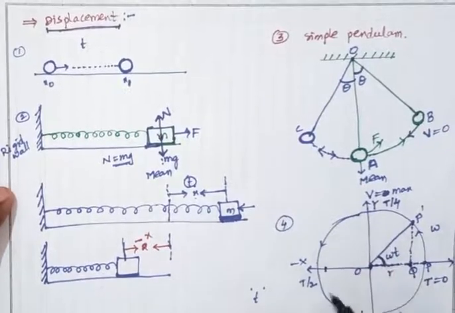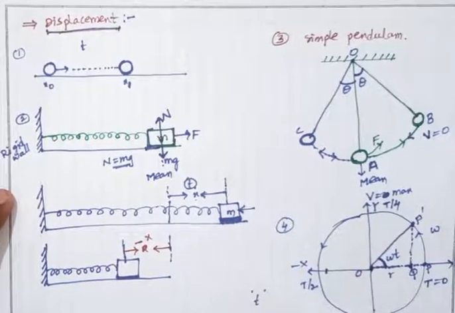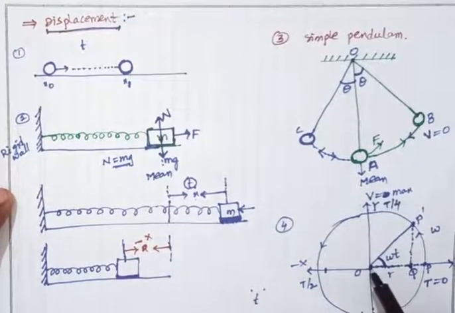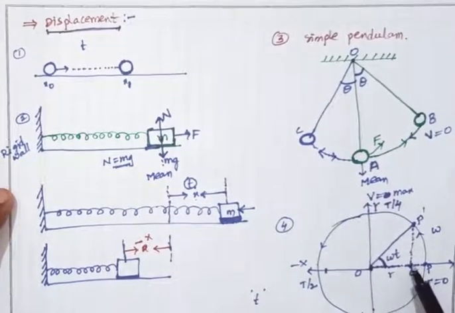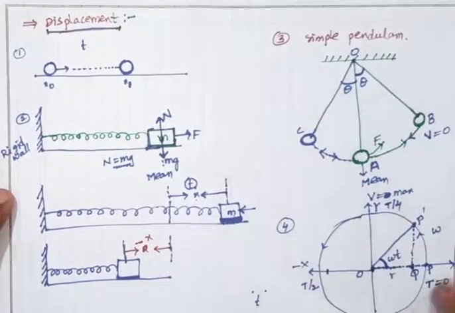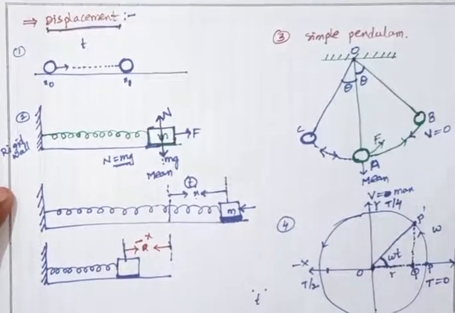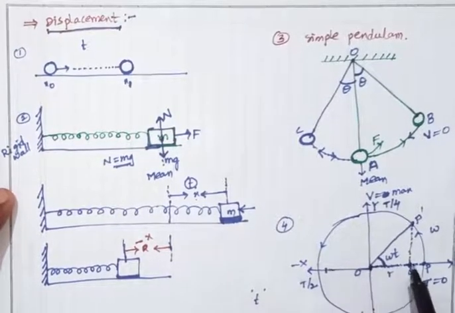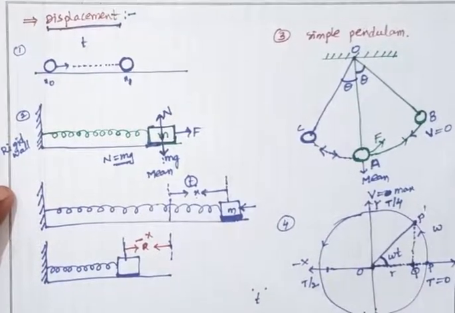Then along the negative y direction it is again 0, then positive again. So this is periodic motion and also oscillatory, to and fro.